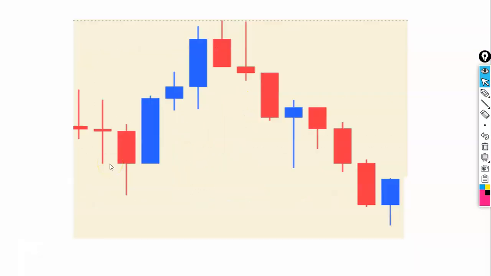So this strategy requires the 5-minute time frame, and it is called the defining range and the implied defining range.